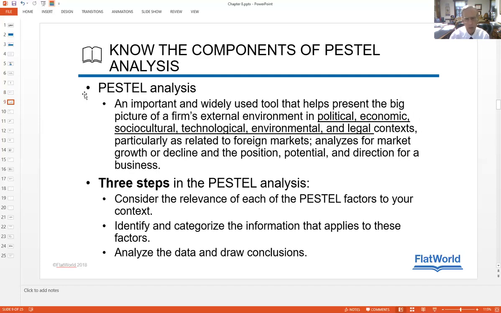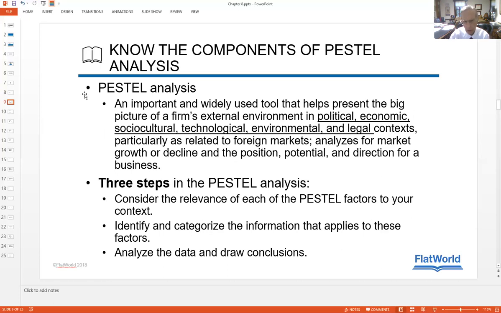So the first of those three methods that I mentioned, and they're not just three, but there are three really important ones. And the first one is the so-called PESTEL analysis.